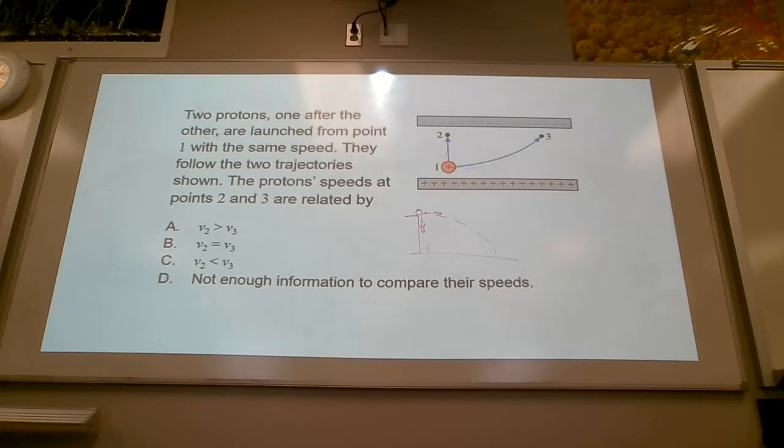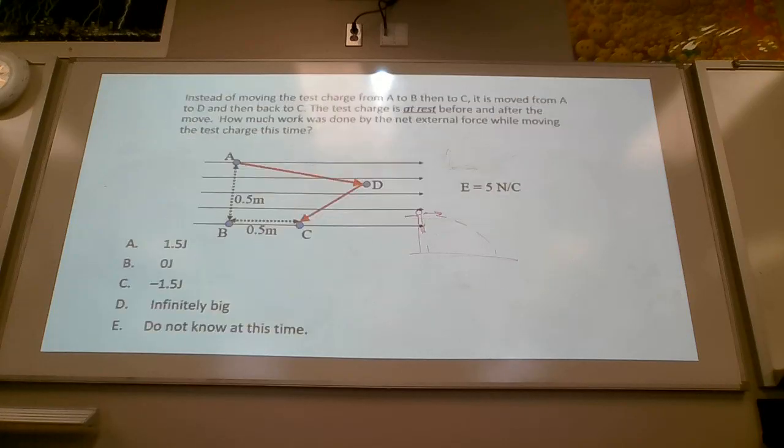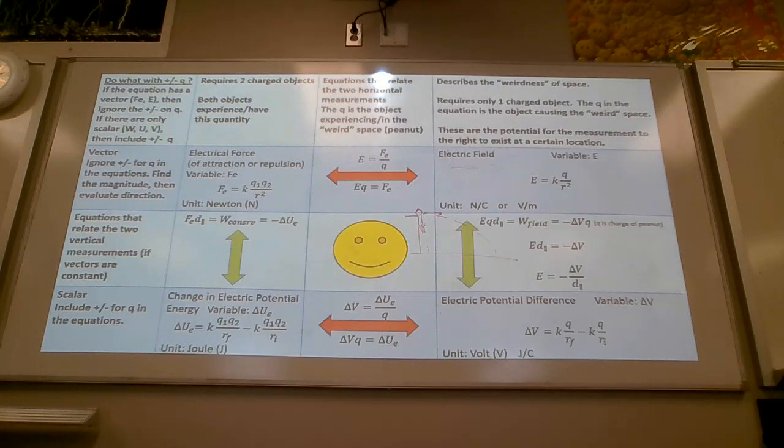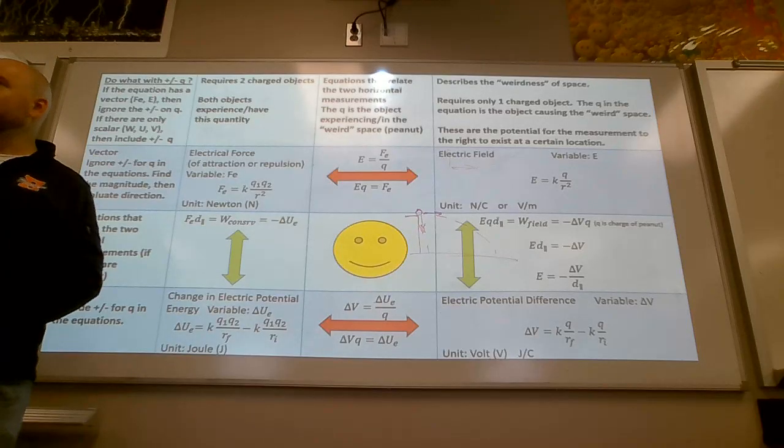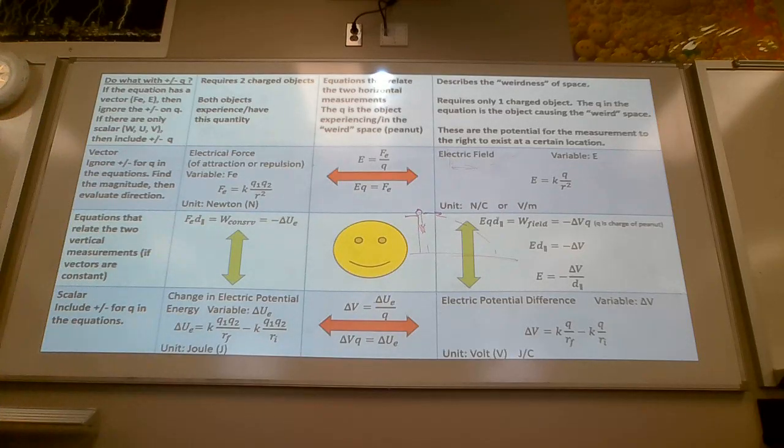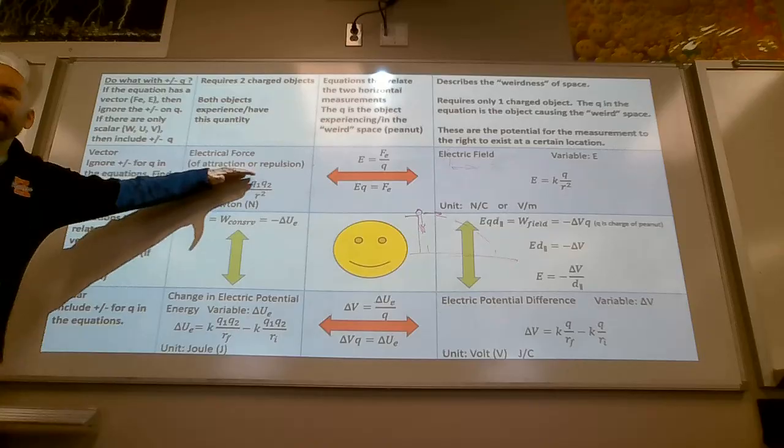I'm just going to throw this out at you. It's going to seem overwhelming. I'll post this. But this is the summary of how these measurements are all related. These are vectors.